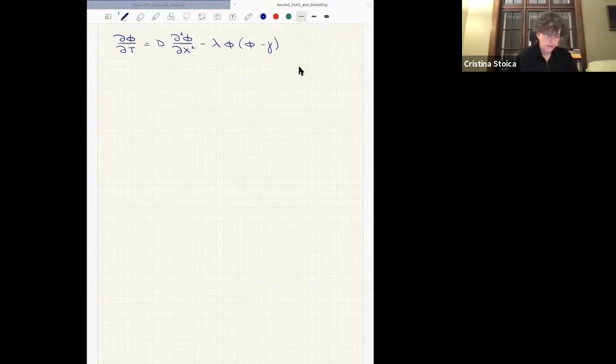And now, these parameters, lambda and d, are parameters. Now let's see the boundary conditions and the initial conditions.